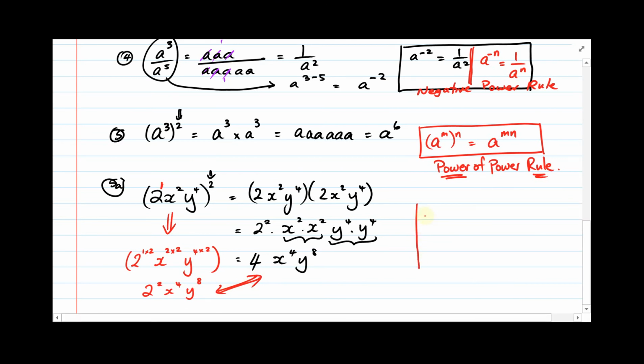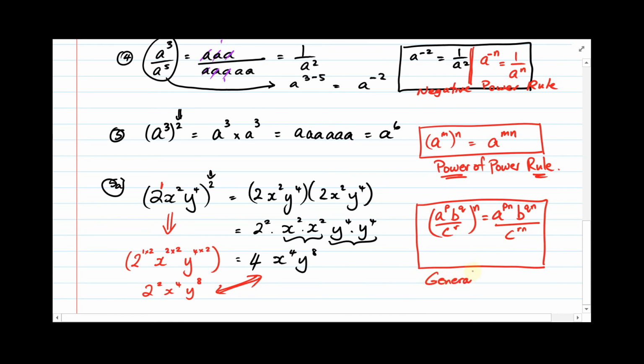So we can generalize our power rule, and although I've only shown a product here, if we had a to the p, b to the q, c to the r, all raised to the nth power, each item would be raised to the n. So the power on each term inside the bracket is raised to that power. This is the general power rule.